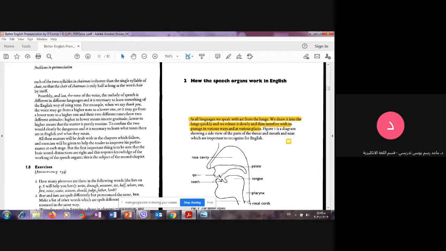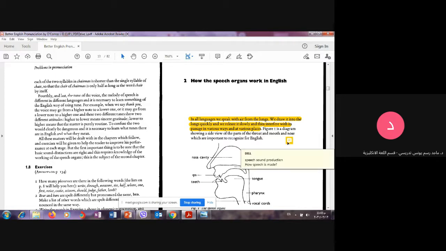So in all languages, we speak with air from the lungs. We draw it into the lungs quickly, and we release it slowly, and then interfere with its passage in various ways and at various places. Now this shows how speech sound is made.